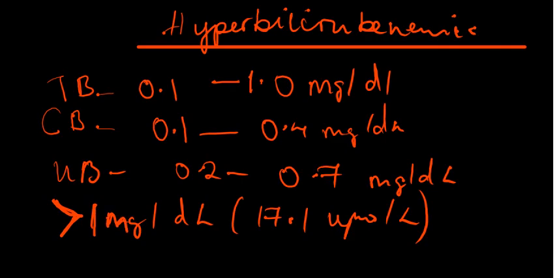When it goes beyond the normal, it leads to hyperbilirubinemia, and this is also referred to as jaundice. If you've heard of a condition that we call jaundice, in jaundice you find people that have yellowish eyes or yellow skin because of this.